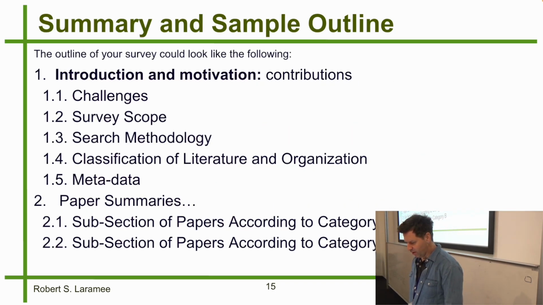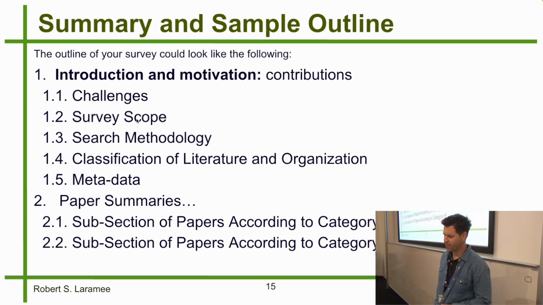So this is what the outline of your survey can look like. This is what you're expected to produce for coursework 3. You have an introduction and motivation section that mentions your contributions. You describe the challenges associated with your topic. You describe the survey scope.